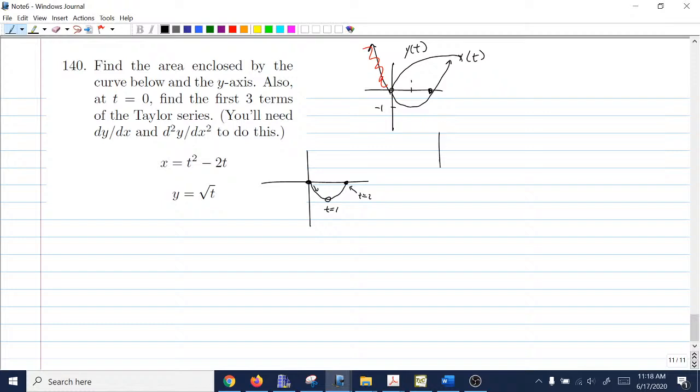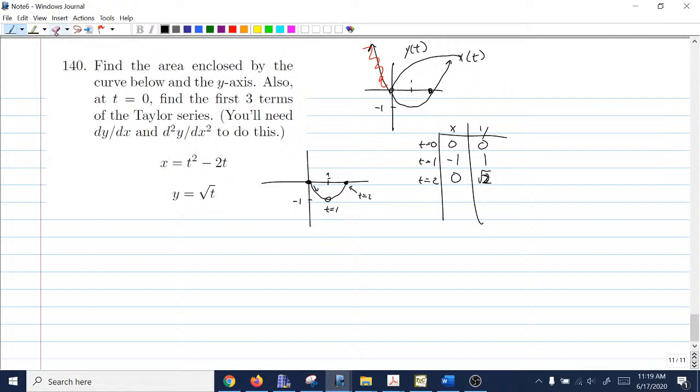I guess I should get some points plotted out. t equals 0, t equals 1, t equals 2 are my points of interest. I'd like to get these points correct on my graph. I get 0, 0 at t equals 0. At 1, x of 1 is negative 1, y of 1 is square root 1, which is 1. So here's the point, negative 1, 1. At 2, I have x is 0, y is root 2.